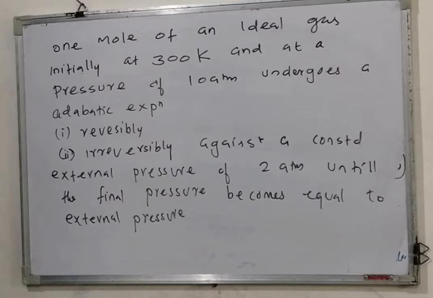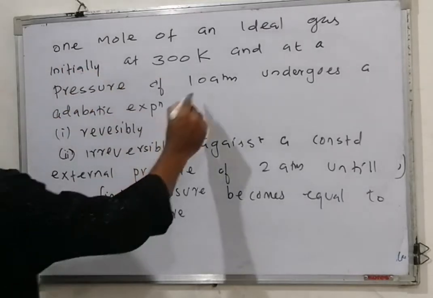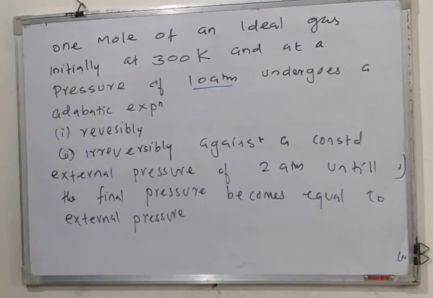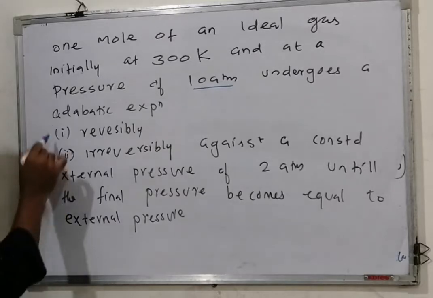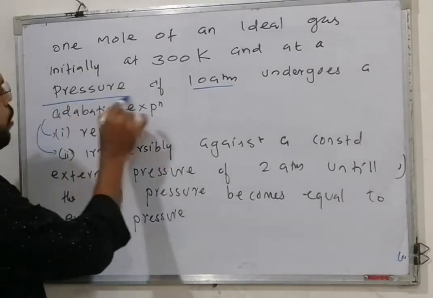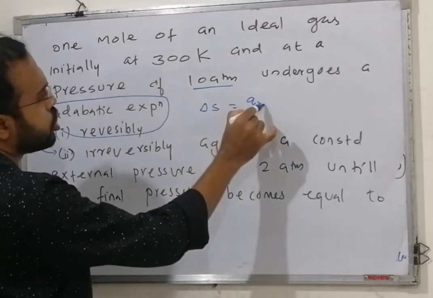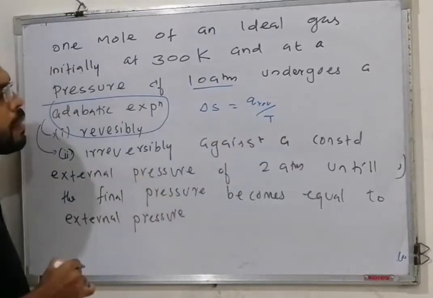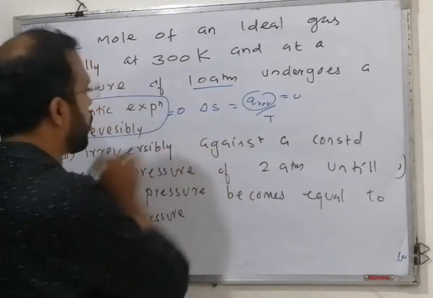That is 1 mole of an ideal gas initially at 300 Kelvin and at a pressure of 10 atm undergoes adiabatic expansion reversibly and irreversibly. In a reversible adiabatic expansion, delta S is equal to Q reverse by T. For a reversible adiabatic, Q reverse is equal to 0. Therefore, in this case it is 0.